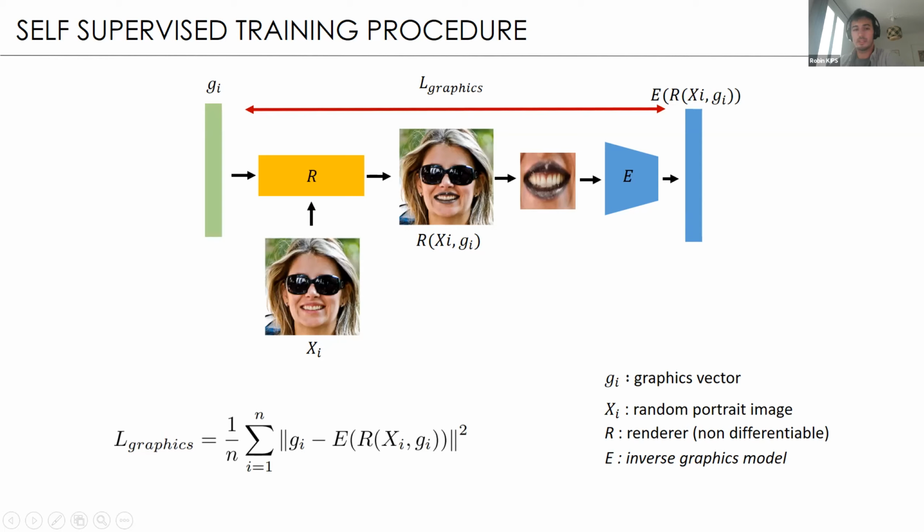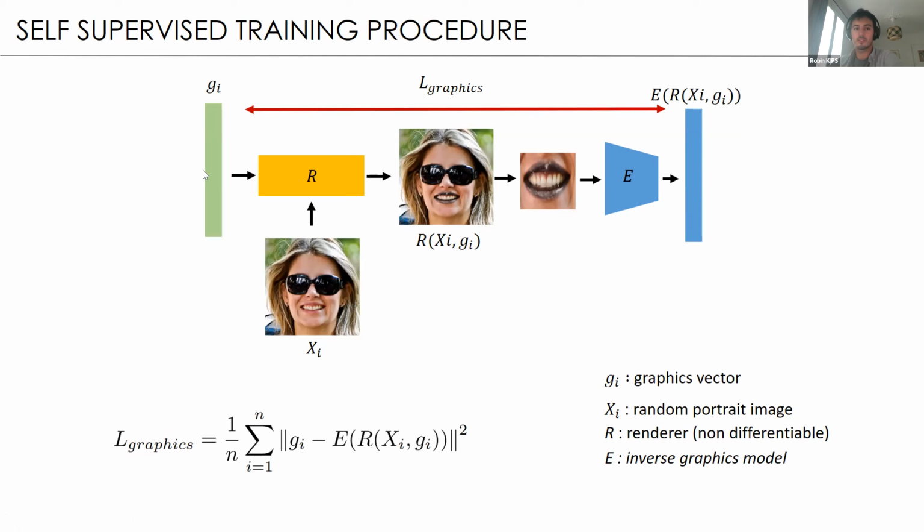What's interesting here is that you don't need any kind of label data. You just need some random portrait images, and you need to be sampling some graphics vectors. You also don't need a differentiable rendering engine because, compared to other inverse graphics approaches, we don't use a feedback loop in the image space. This is quite helpful because re-implementing all your renderers in a differentiable way can be a bit complicated.